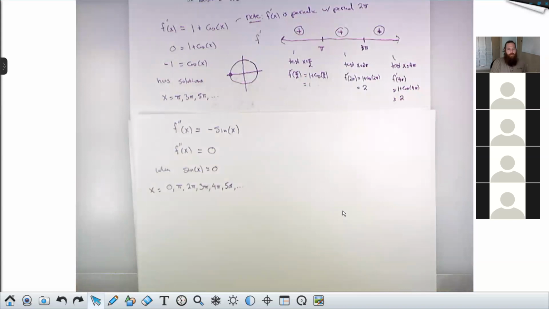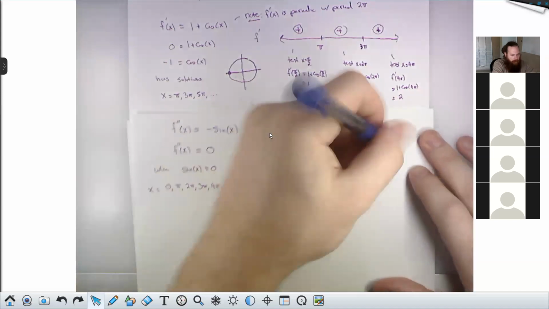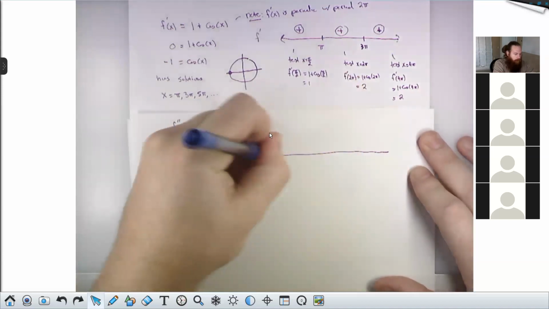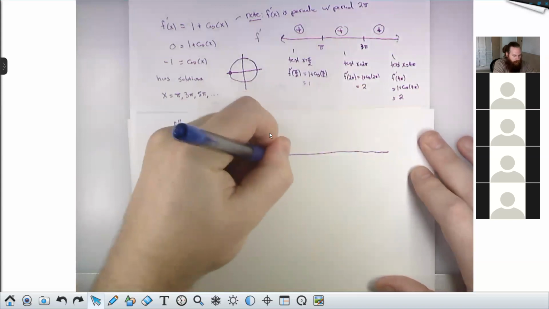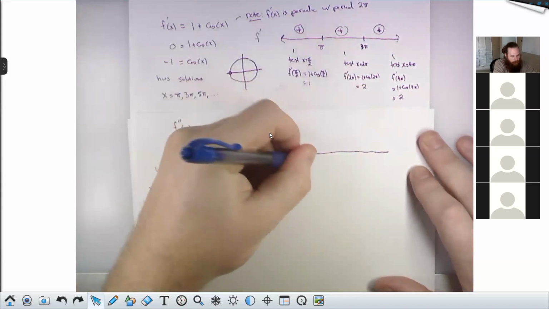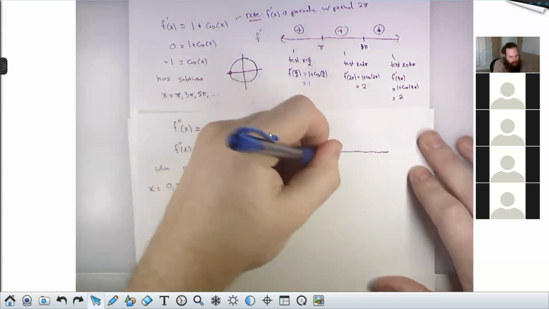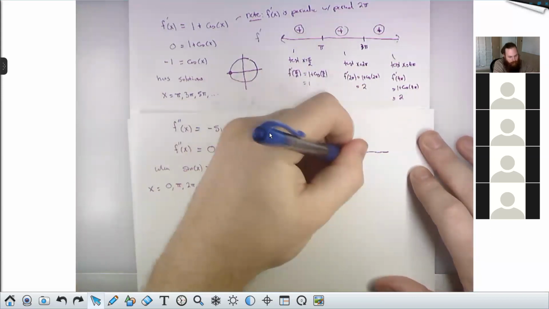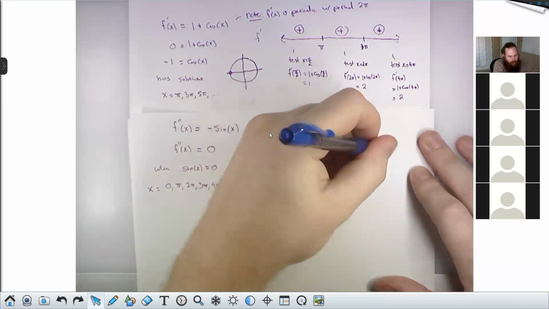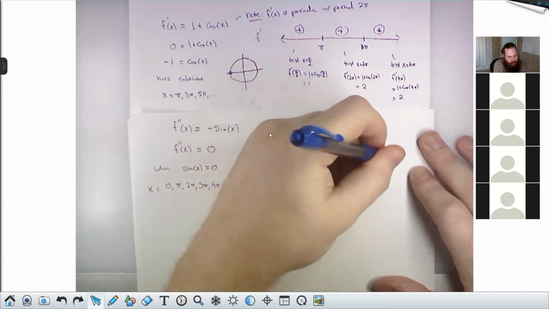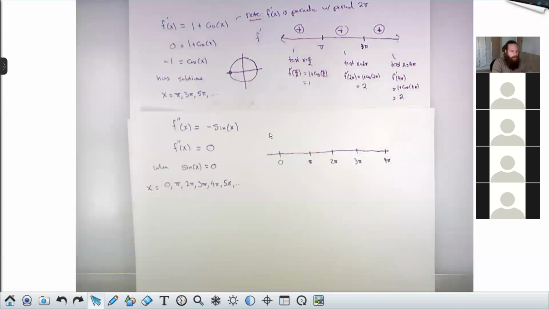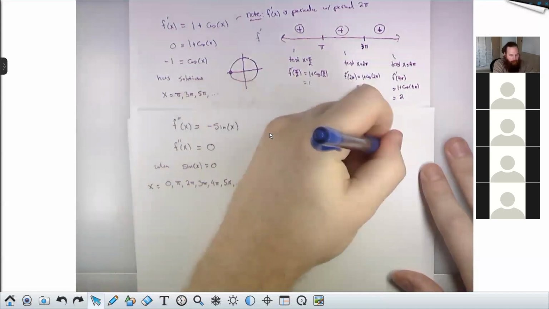Again, I said I'm going to focus on the interval 0 to 4 pi for the purposes of this problem. So I'll just plot the ones that are between those. So I'll take 0, pi, 2 pi, 3 pi, and 4 pi. And this will be my number line for f double prime.